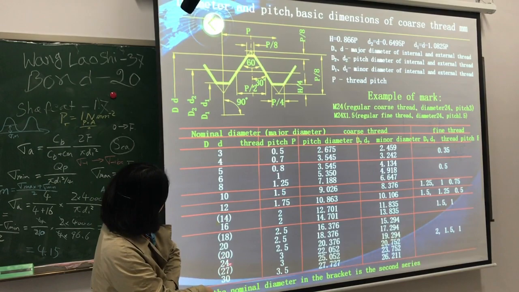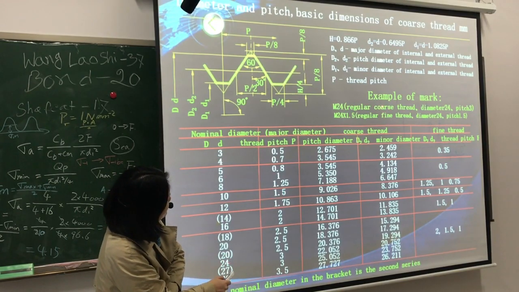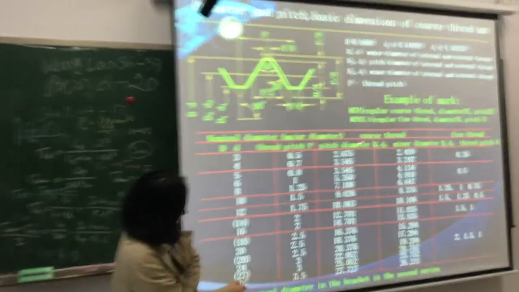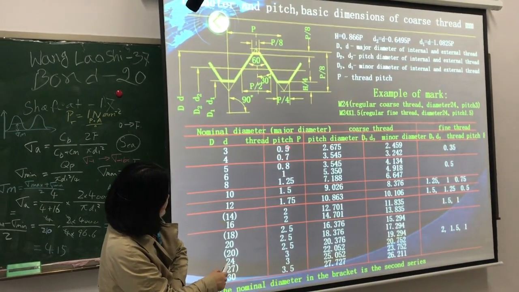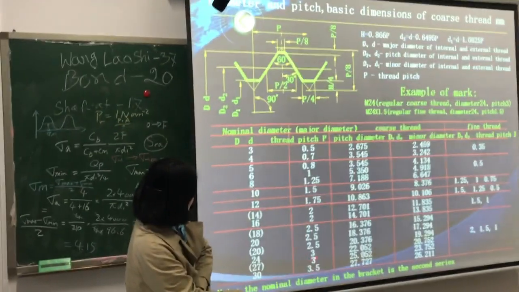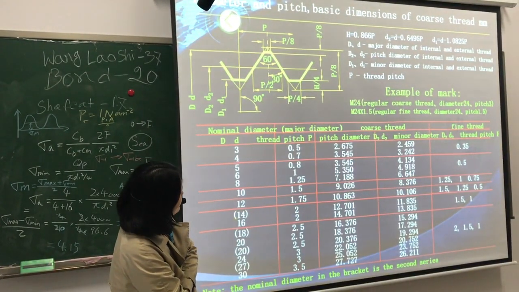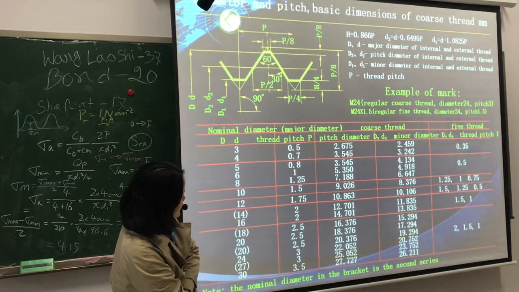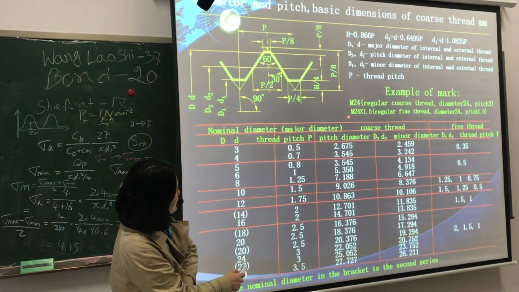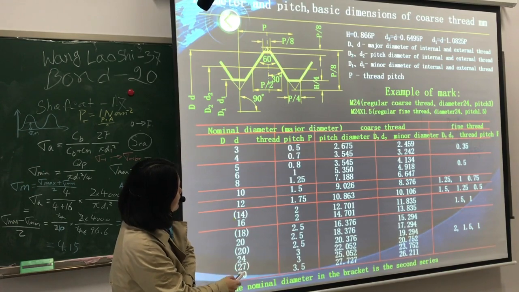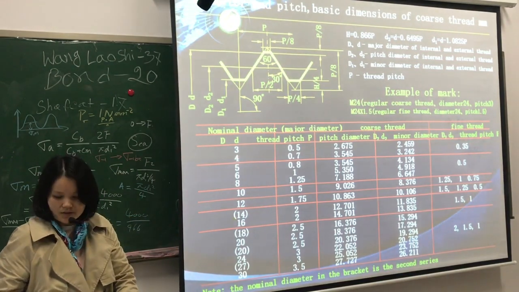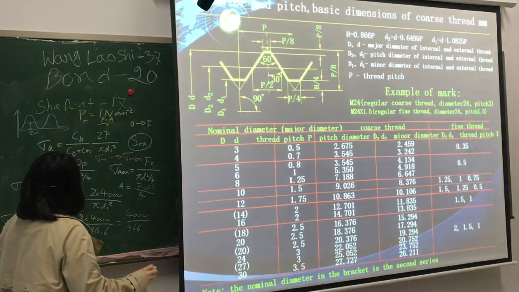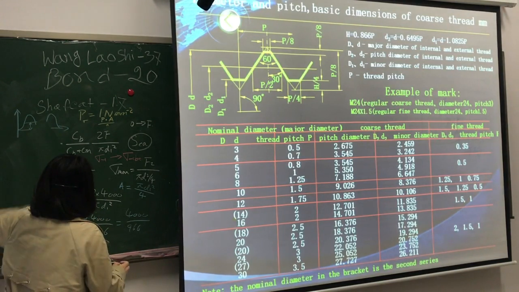And for 24, we can find 24. In this coarse thread, we can know the pitch P is 3. And for fine thread, M22 times 1.5, and this is the expression of the screw thread.